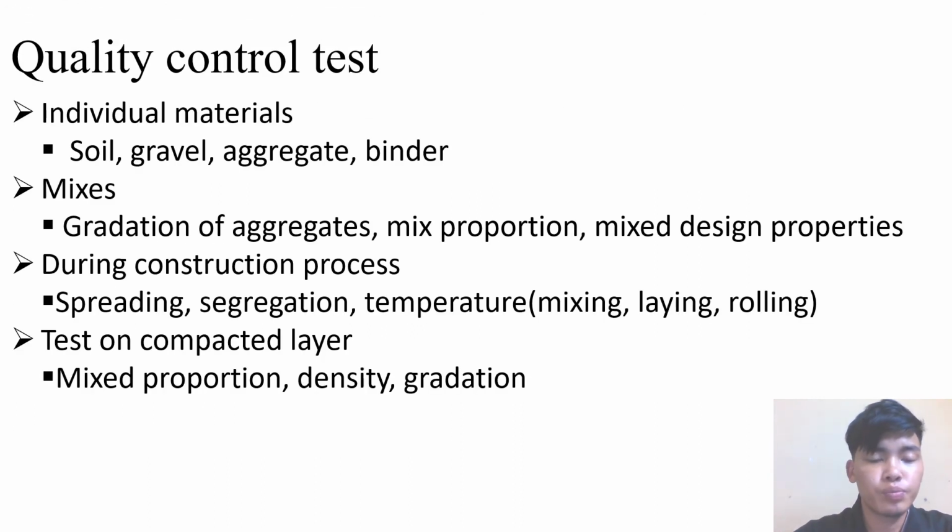Quality control tests. We must be doing control tests for individual materials such as soil, gravel, aggregate, and binder. Mixes. We must be knowing the gradation of aggregates, mix proportion, and mix design properties.